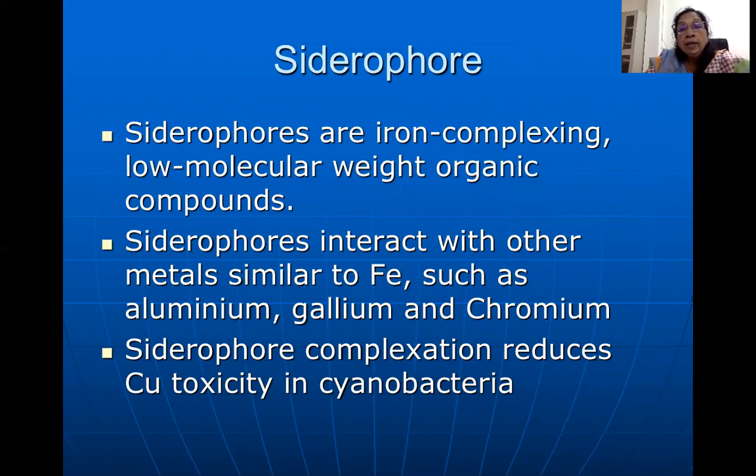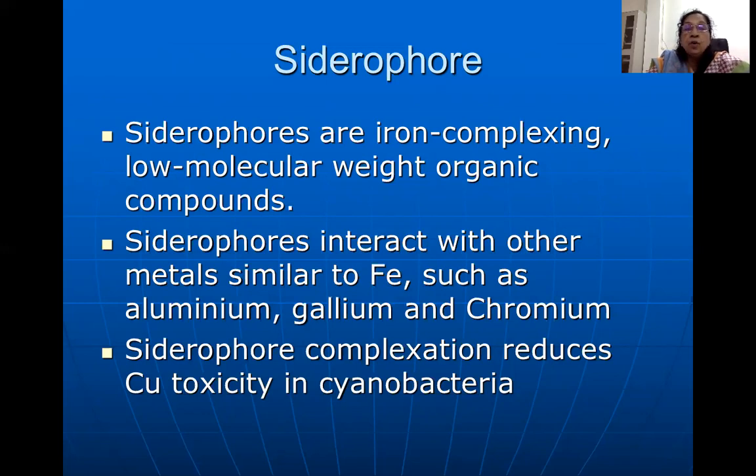Next is the siderophores. Siderophores are iron complexing, low molecular weight organic compounds. And these siderophores interact with other metals similar to iron, such as aluminum, gallium, and chromium. That is, siderophores are produced by microbes to chelate iron from the surrounding environment and use it during adversity, that is during the unavailability of iron.